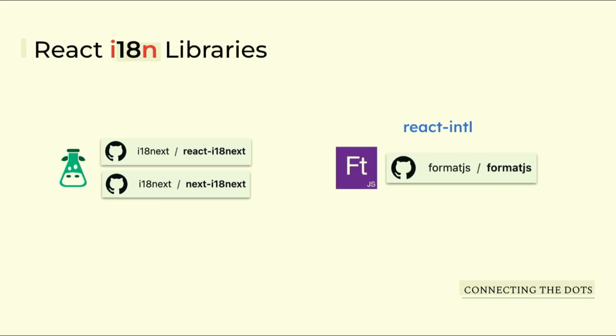First we have React i18next, from i18next, a popular library that integrates seamlessly with your React applications, and it offers a flexible API for handling translations and language switching. We also have Next i18next, which is the server-side rendering or SSR version of the same library. So you can integrate it with your Next.js applications in a similar way.